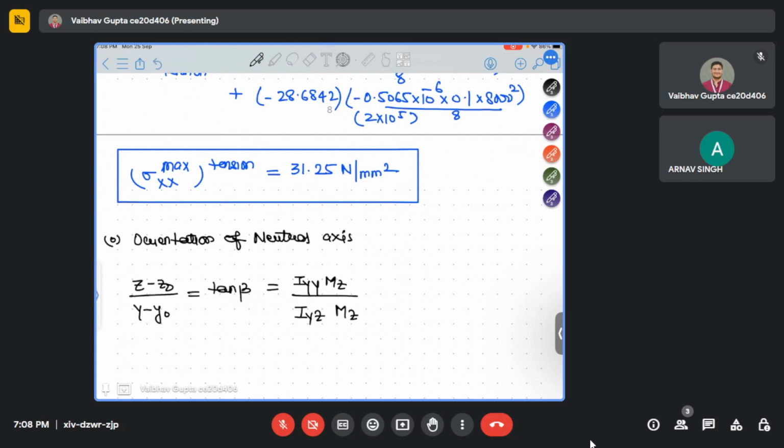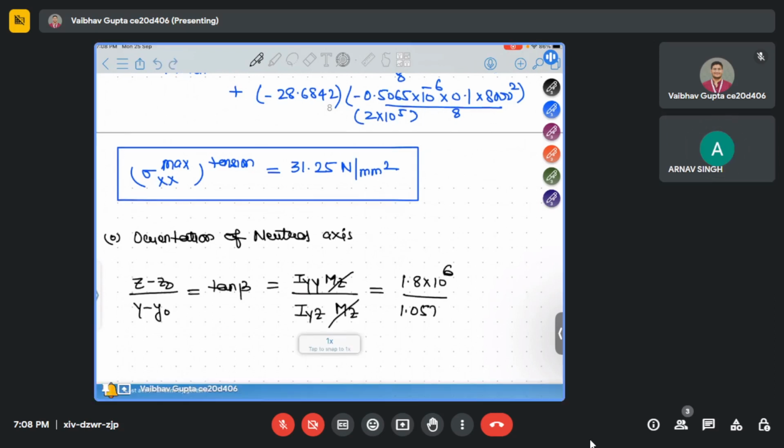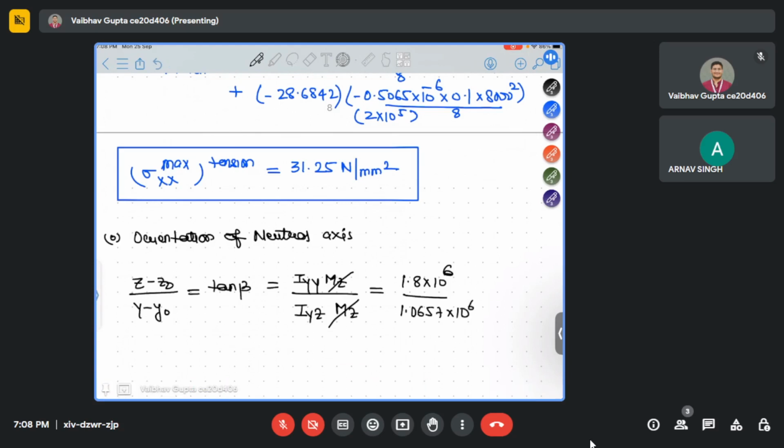So Mz will cancel out. Iyy is 1.0657 into 10 to the power 6. So tan beta will be equal to 1.8 upon 1.0657, 10 to the power 6 will cancel out.